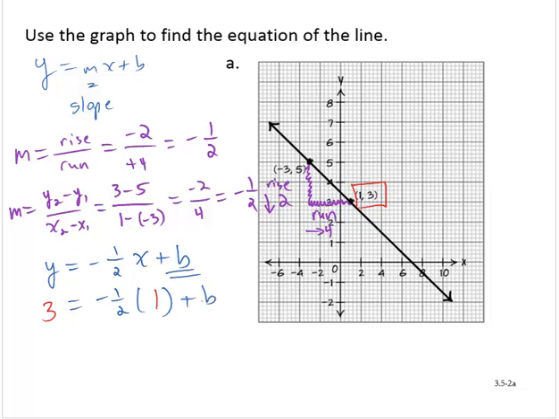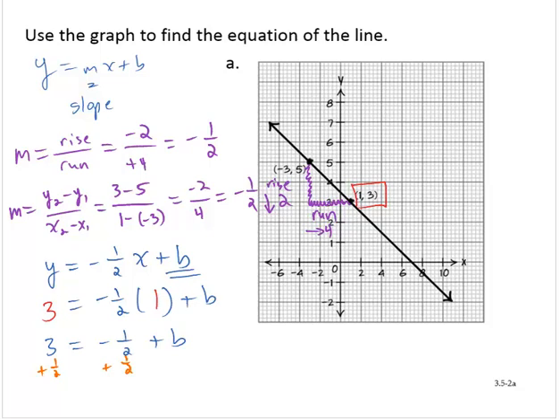Alright, now we go through some arithmetic. 3 would equal, simplifying, -1/2 times 1, which is -1/2, plus b. To solve for b, I would add 1/2 to both sides. I'm going to think of that as the decimal 0.5, although I could think of it as a fraction. It doesn't really matter.